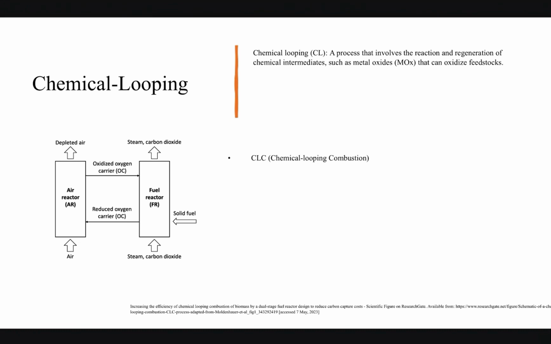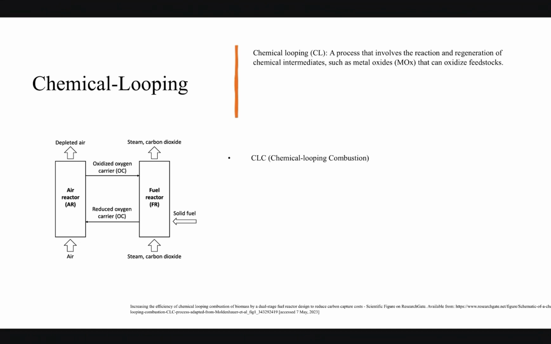First, I will introduce chemical looping combustion as an example. First, steam and carbon dioxide react in solid fuel to produce steam and carbon dioxide. During the process, the oxygen carrier, the catalyst, is reduced.